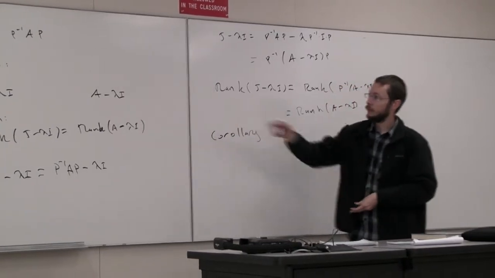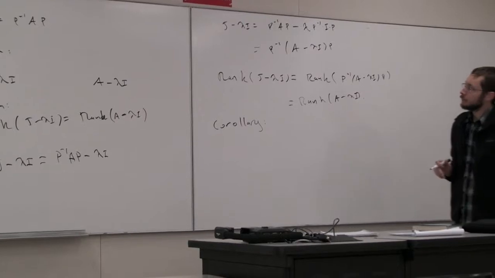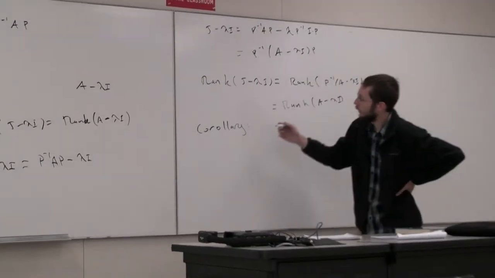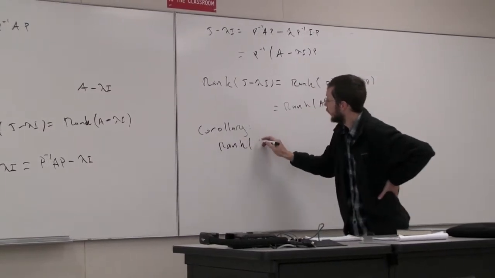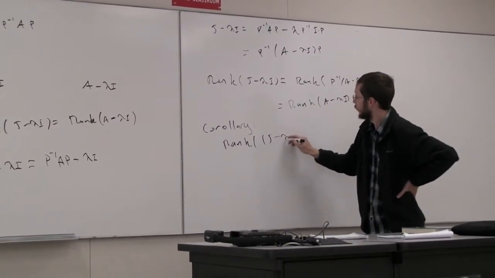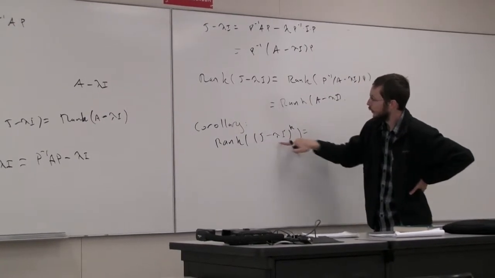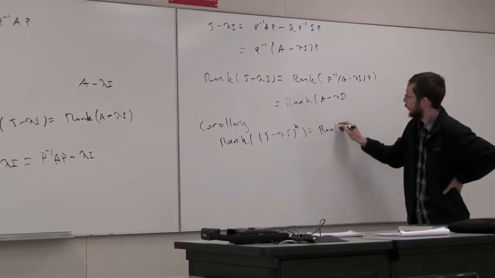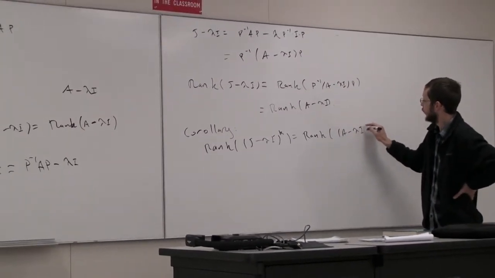Corollary is just something that follows immediately from something else. As a corollary to this previous theorem that we just proved, we can verify that the rank of all powers of this matrix are the same as the rank of all powers of this matrix.